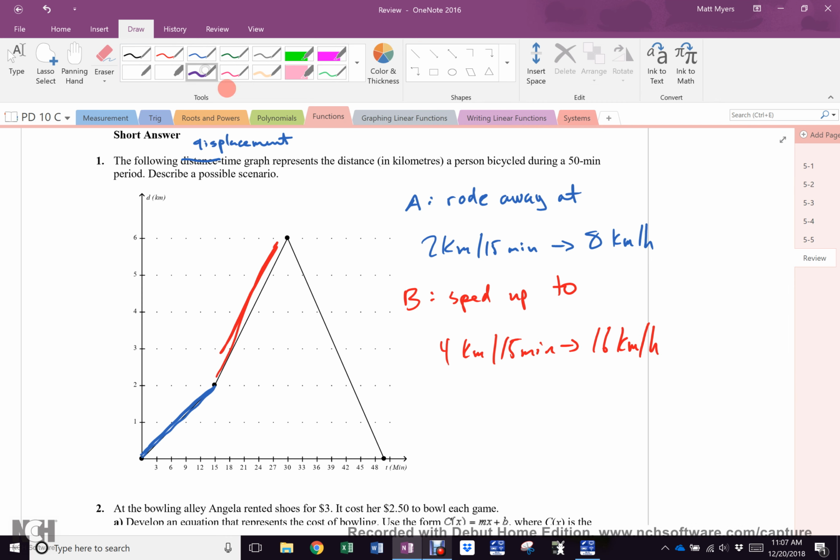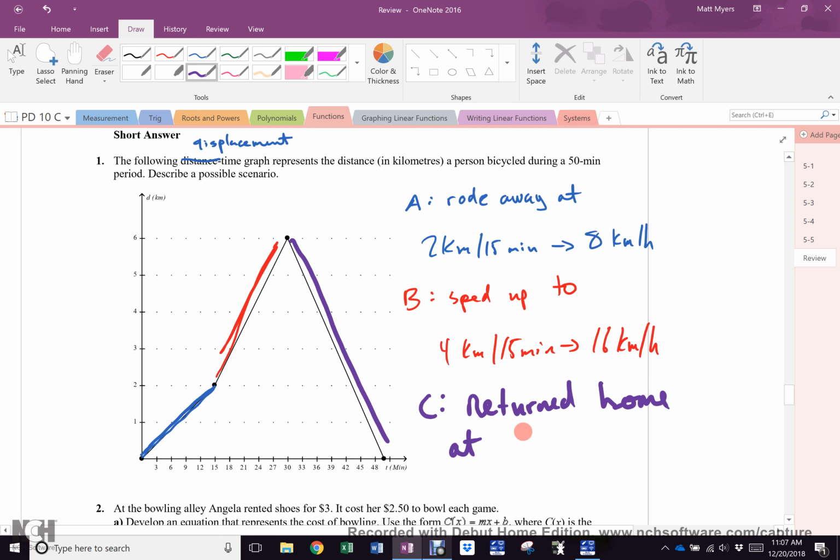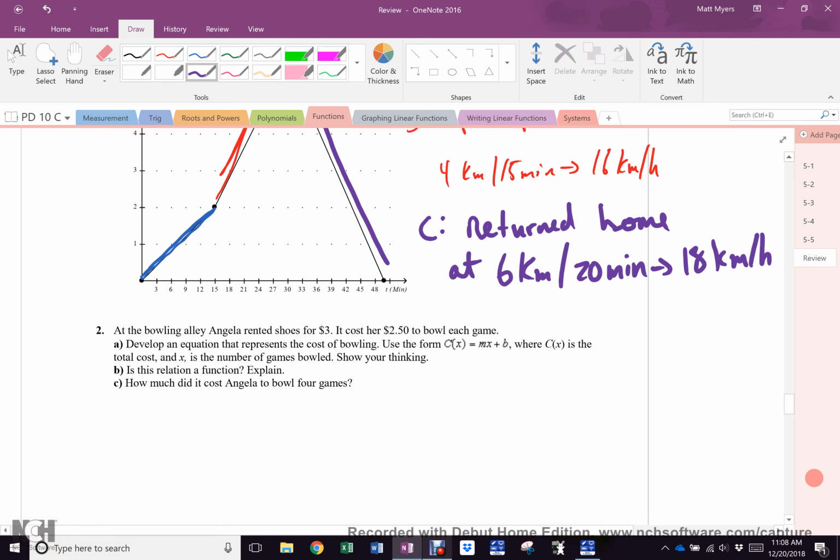And then C, returned home at 48. That would be 51. We know that's 50. So she returned home 6 km in 20 minutes, which of course becomes 18 km/h for full marks.